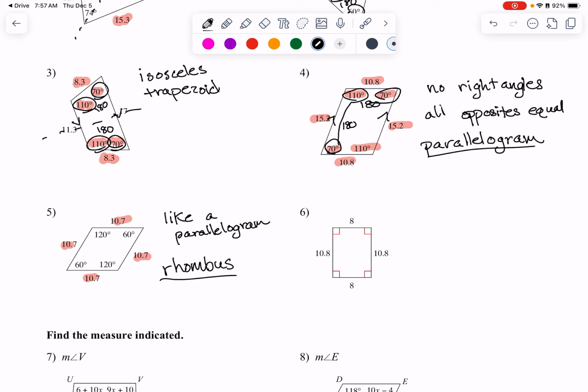A rhombus is like the kite version of a parallelogram because you could fold it like a kite. And this is what a lot of people in early grades might have called the diamond shape. If you feel a little callback to your past and you say, that looks like that diamond tile that I used to put things together in pictures, that is a rhombus.